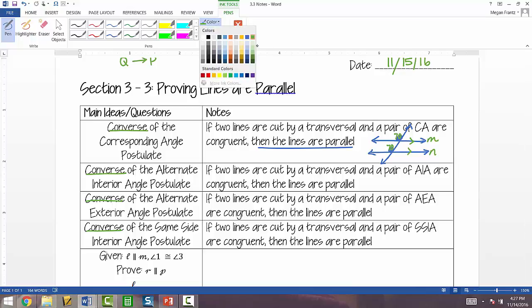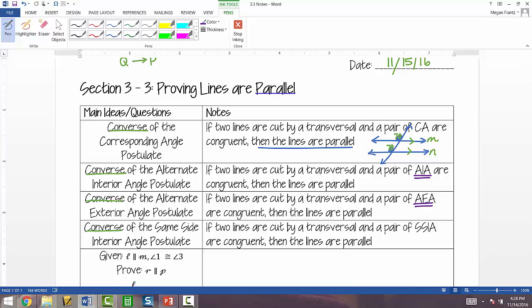The second one is the converse of the alternate interior angle postulate, and this says the same thing. If two lines are cut by a transversal and a pair of alternate interior angles are congruent, then the lines are parallel. Alternate exterior angle postulate says the same thing. If two lines are cut by a transversal and a pair of alternate exterior angles are congruent, then the lines are parallel.